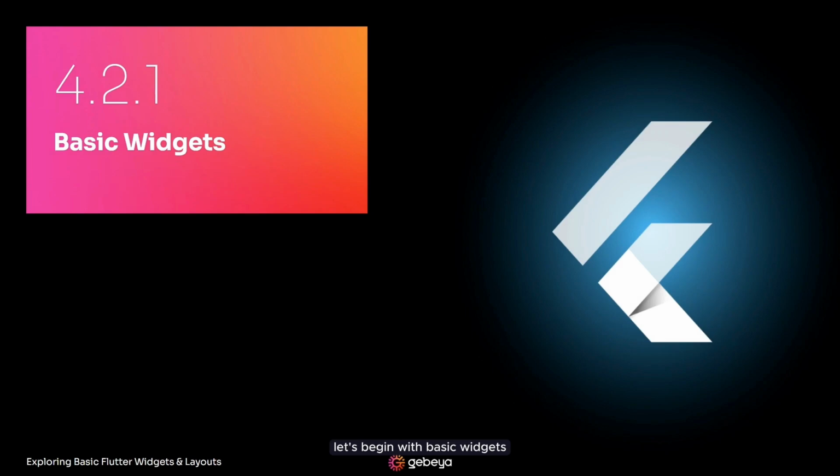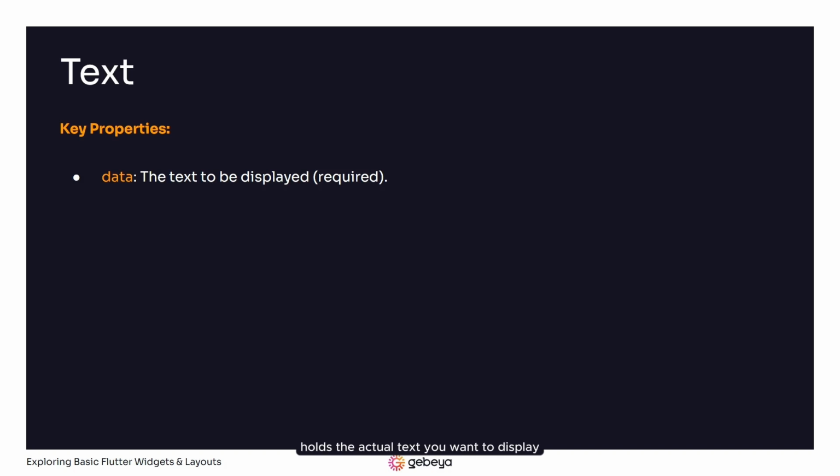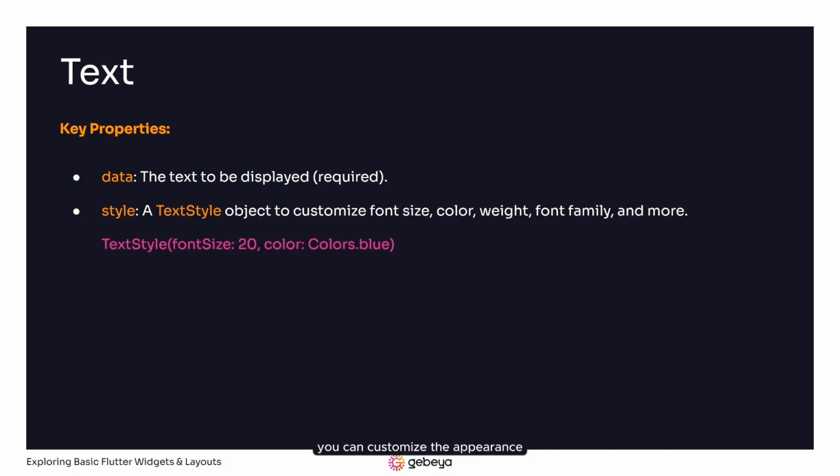Let's begin with basic widgets, which are the essential building blocks for displaying content in your apps. The Text widget allows you to display text on the screen. The data property holds the actual text you want to display, which is required. You can customize the appearance using the style property with a TextStyle object, allowing you to adjust font size, color, weight, and font family.